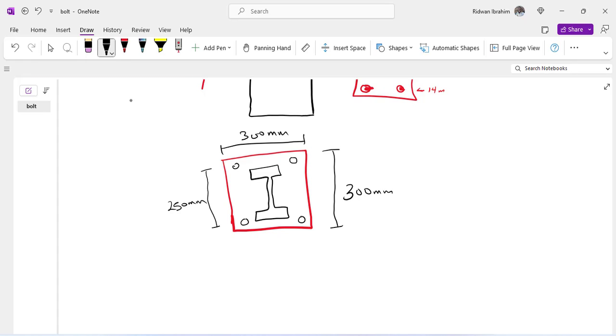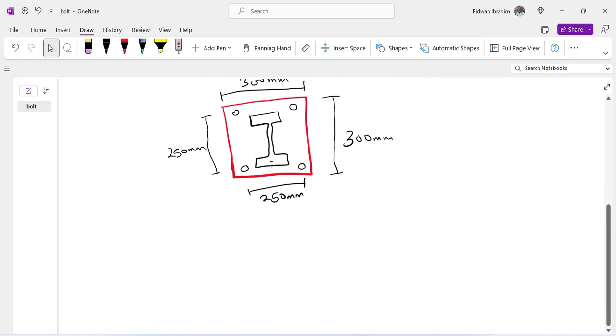You first of all assume, then if it works, fine. If it doesn't work, adjust. In this other direction, which is side to side, I can make the same assumption that this is 250 mm. Okay, so let's just write out our known parameters.